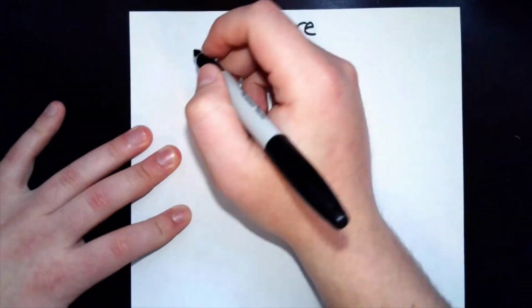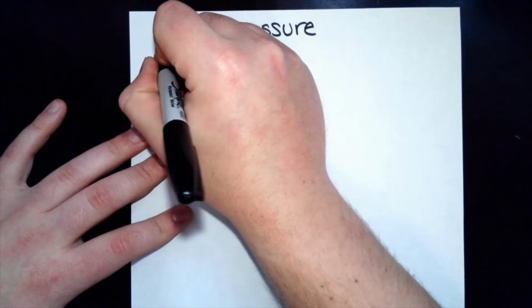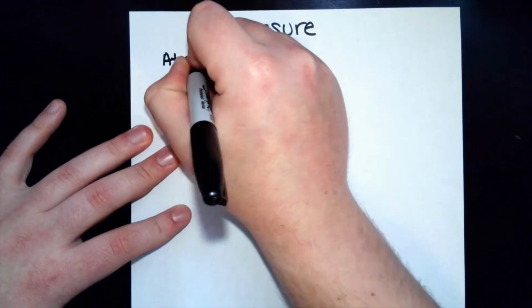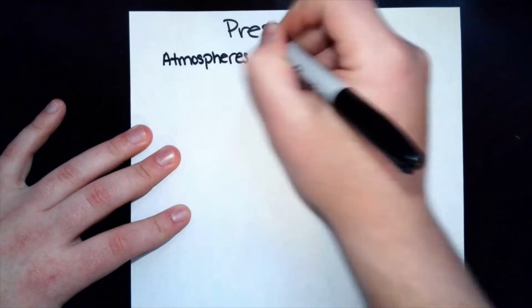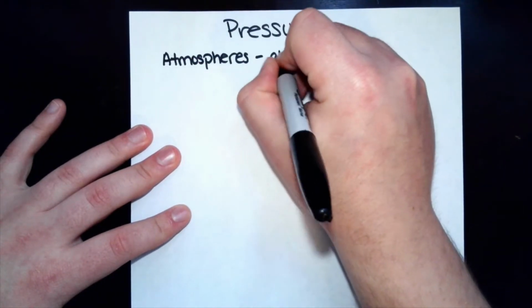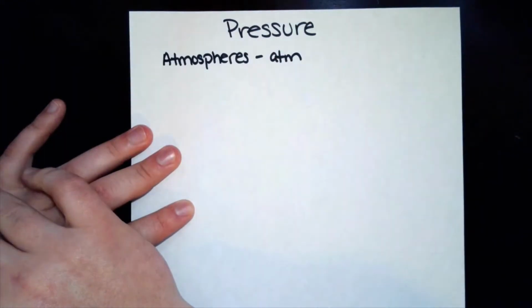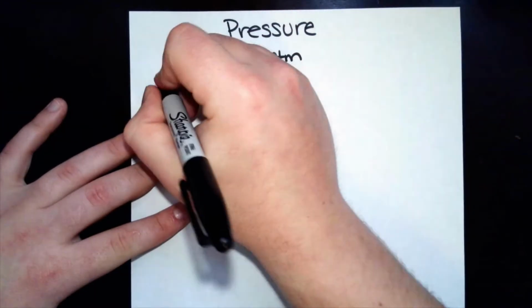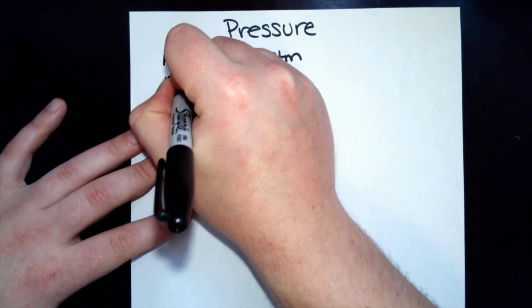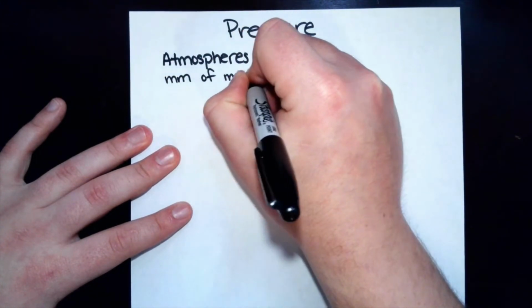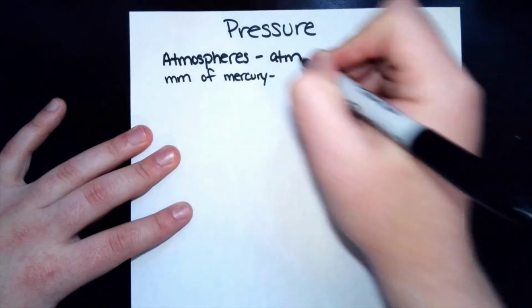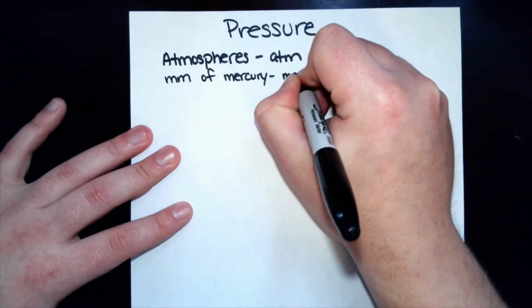So the most common pressure unit known is atmospheres. Atmospheres is abbreviated as ATM. Another one is millimeters of mercury, which is abbreviated mmHg.